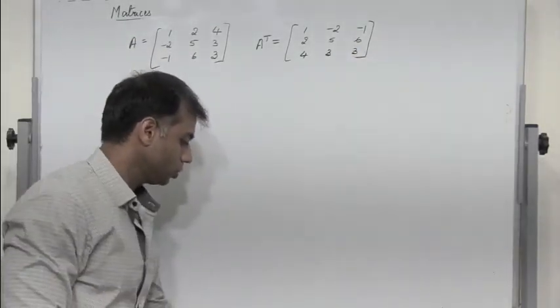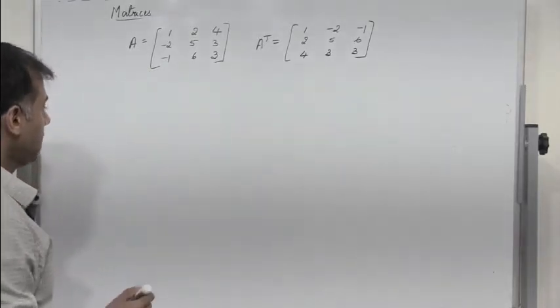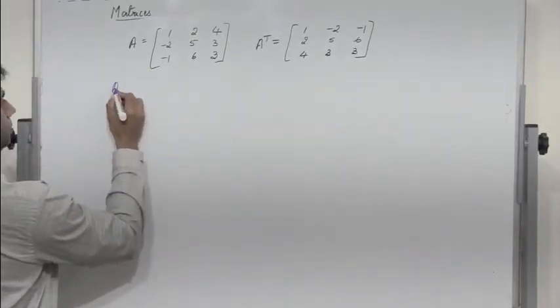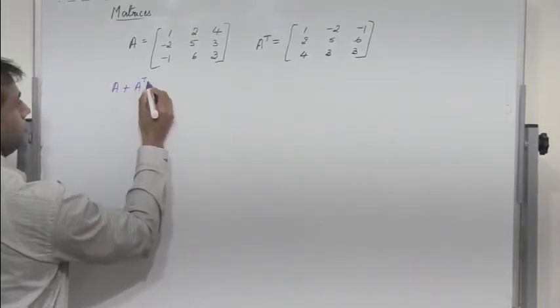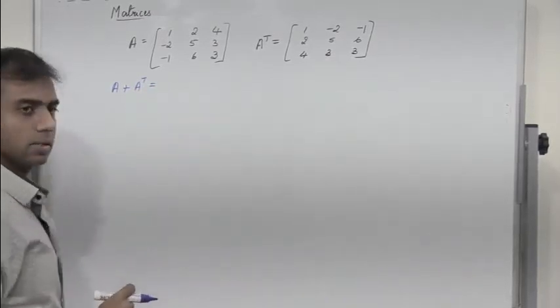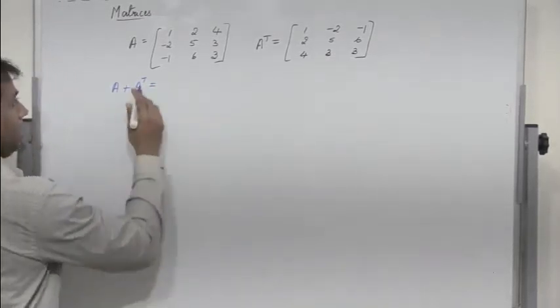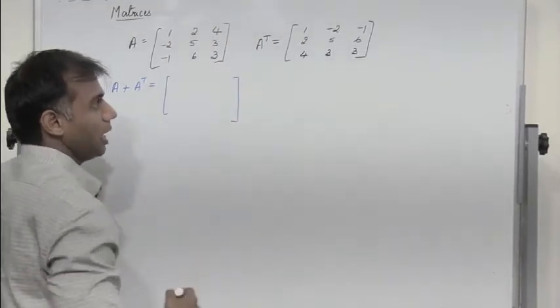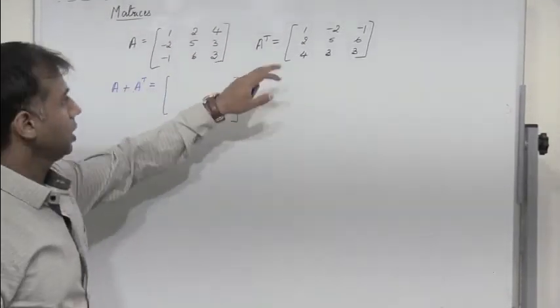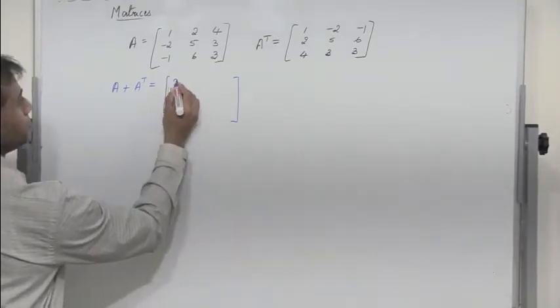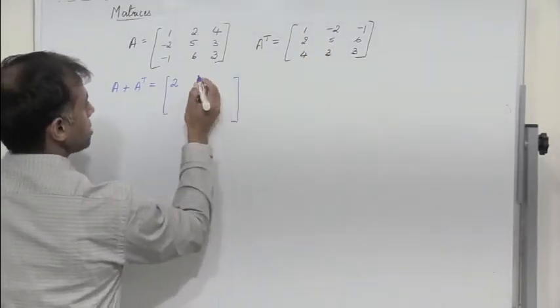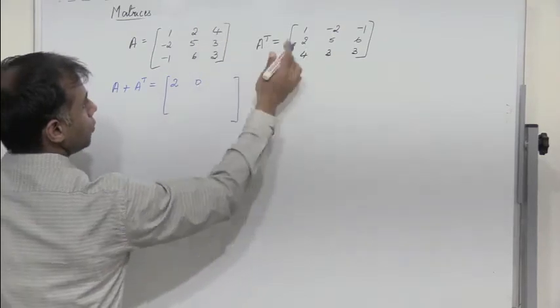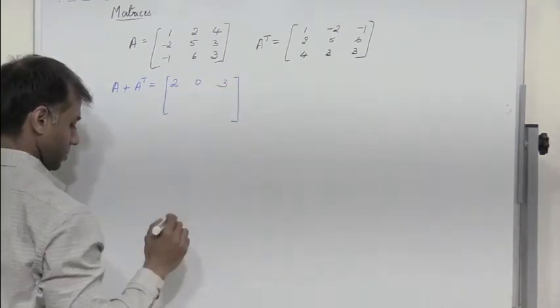So next, what do we do? I add these two matrices, A plus A transpose. So what is A plus A transpose? I need to add the individual elements. So 1 plus 1 is 2. 2 plus minus 2 is 0. 4 minus 1 is 3.